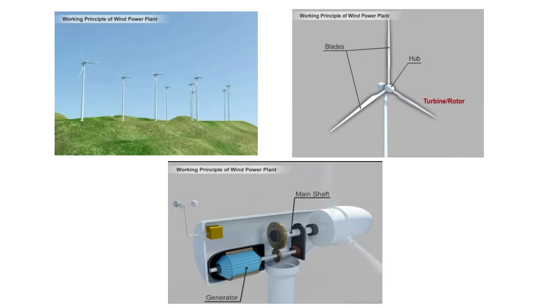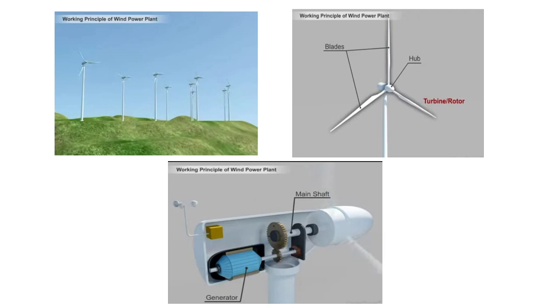Wind energy can be used for sailing, grinding grains, and also for electricity generation, etc. Wind energy is converted into electrical energy by the wind turbine of a wind power plant.